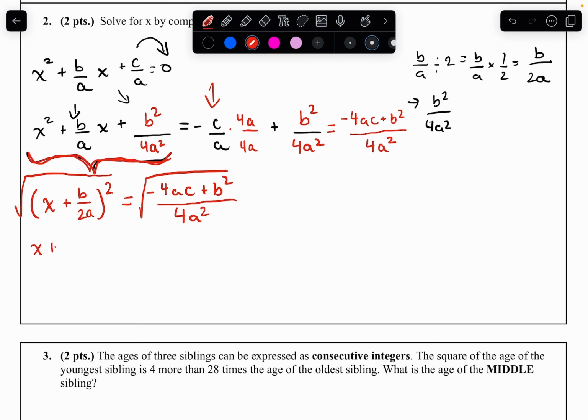And so we have x plus b over 2a is equal to plus or minus. The numerator is not a perfect square. The a and the c kind of ruined everything for us. So we could still simplify the denominator because 4 is a perfect square and a squared is obviously a perfect square. So we're going to do this. Negative 4ac plus b squared over 2a.